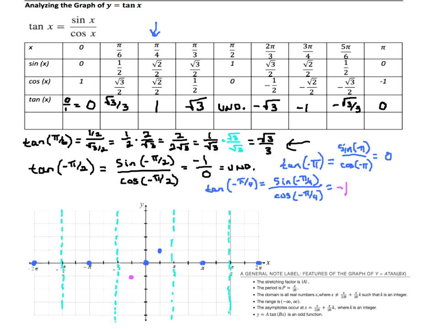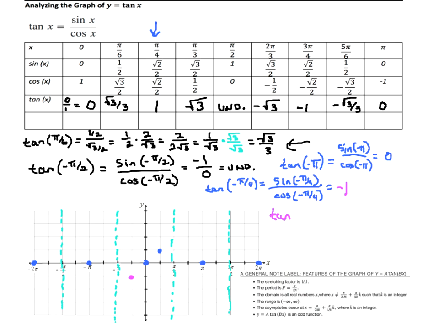Okay. So let's do a couple more points in there, and then we'll move forward to the shape of this thing. All right. So let's choose, how about negative pi over 3.